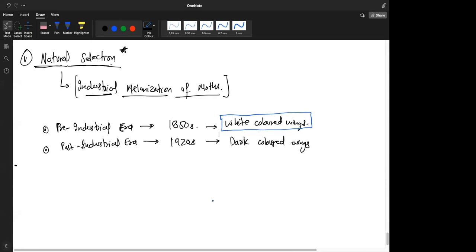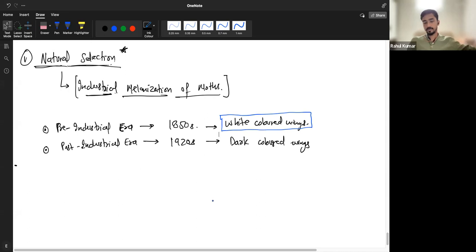So write down: industrial melanization of moth is an evidence of natural selection collected from England, or observed in England.